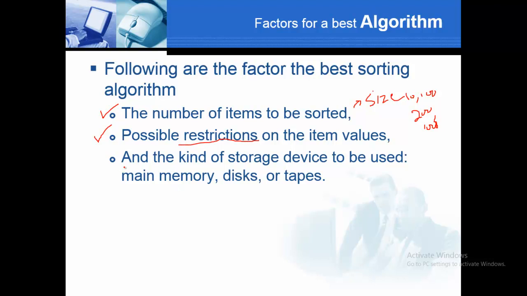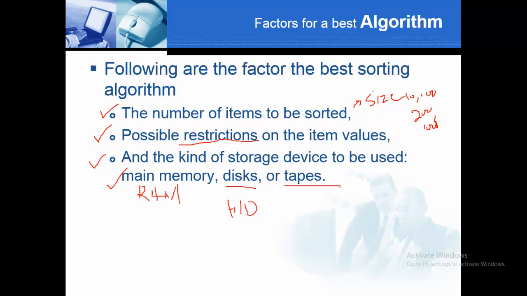And the kind of storage device to be used: main memory, disk, or tapes. This is also important, for the data you provide as an input. How much RAM will be utilized? Your input will utilize the RAM size. How much will be the hard disk size? And maybe the tape storage, so how it occupies the space.